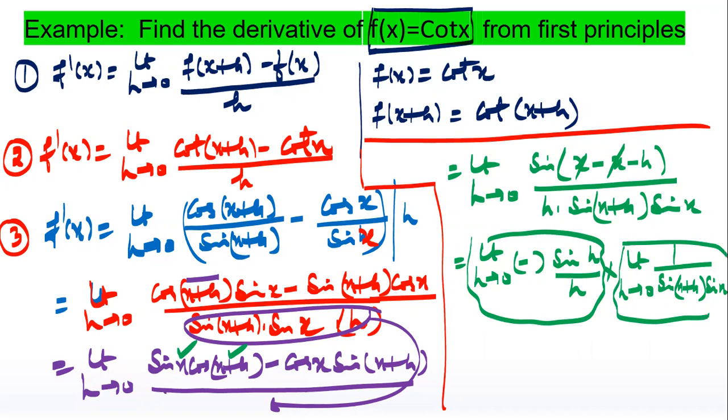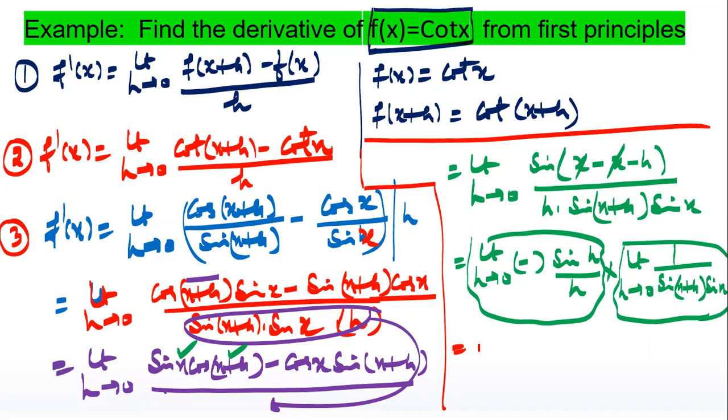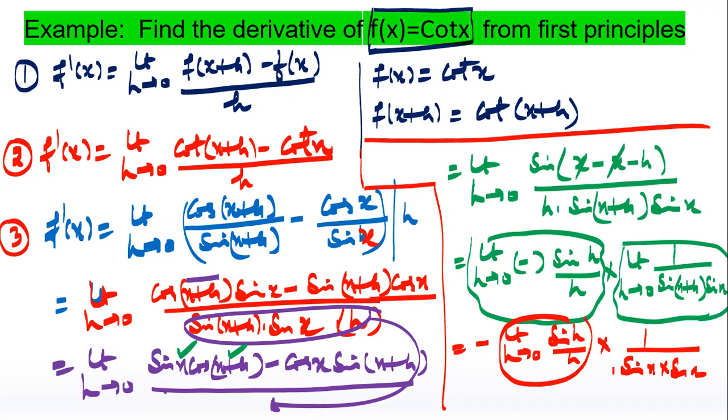Now, on finding the value of the limit, taking the minus sign over here, limit h tends to 0 of sin h upon h will be 1, into, substituting the value of the limit, sin x into sin x.